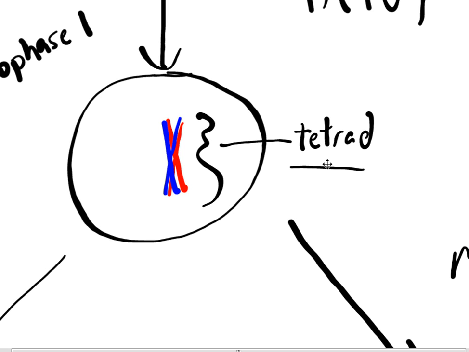The prefix tetra means 4, and so here we have 4 pieces of DNA that are lining up together, this tetrad. All right, and when tetrads form, you can have a phenomenon called crossing over.